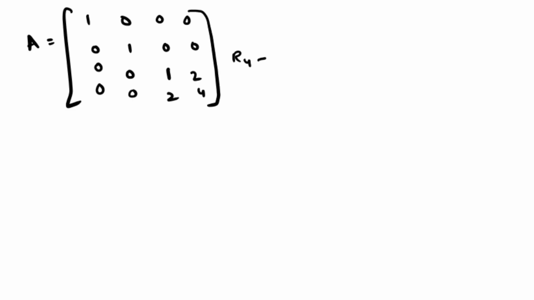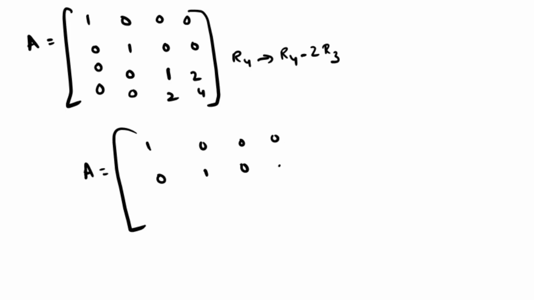Now R4 implies R4 minus 2R3. A will be 1, 0, 0, 0, 0, 1, 0, 0, 0, 0, 1, 2, 0, 0, 0, 0.